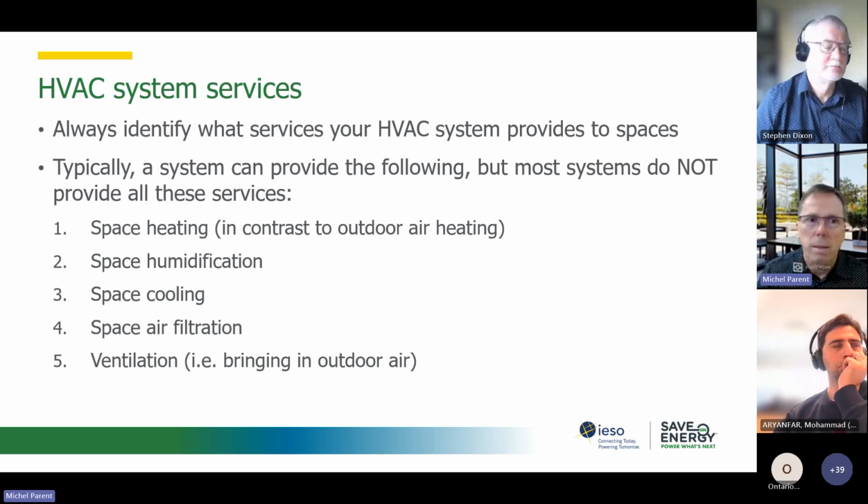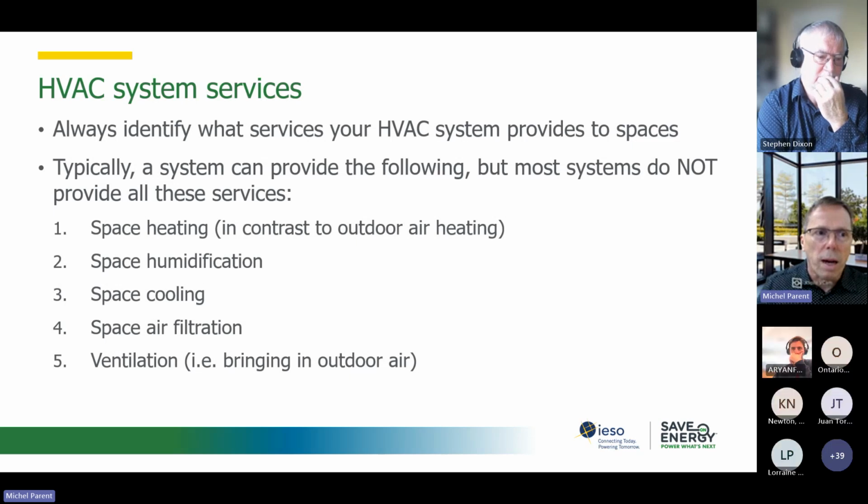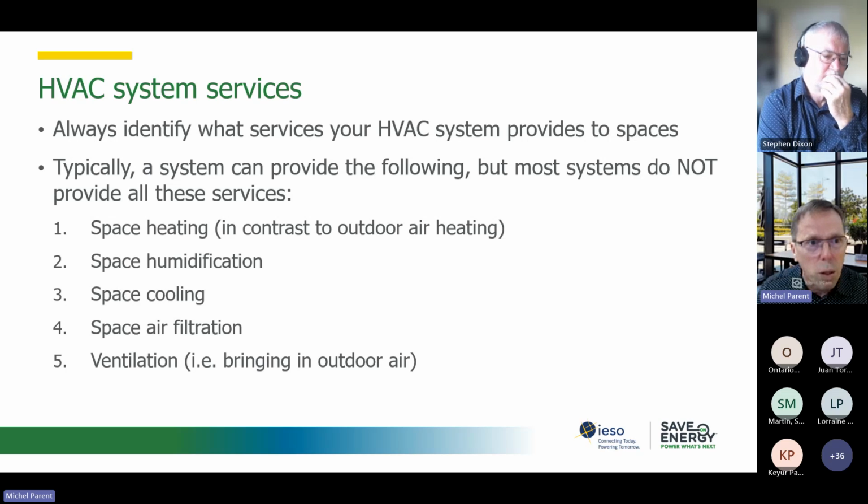You might say, well, it's providing heating and cooling and ventilation and filtration and humidification. But I would say, hold on here. Are you sure that it is providing those services to the spaces? I'll show you a number of examples where it is not the case, where a system provides ventilation but does not provide space heating and cooling, even if it has a heating coil and a cooling coil.